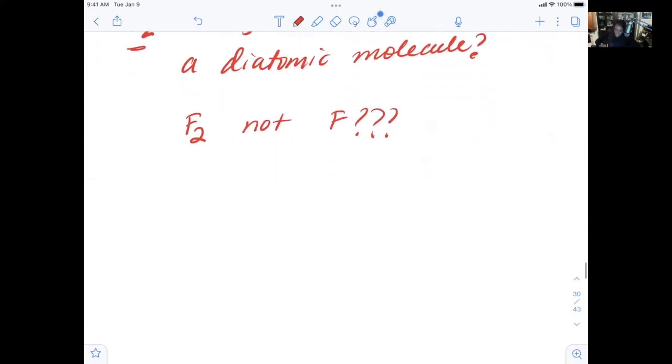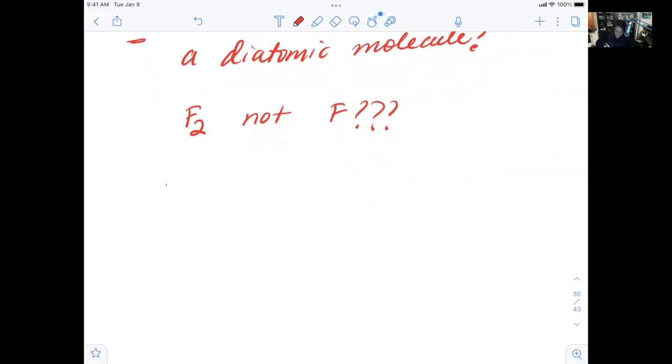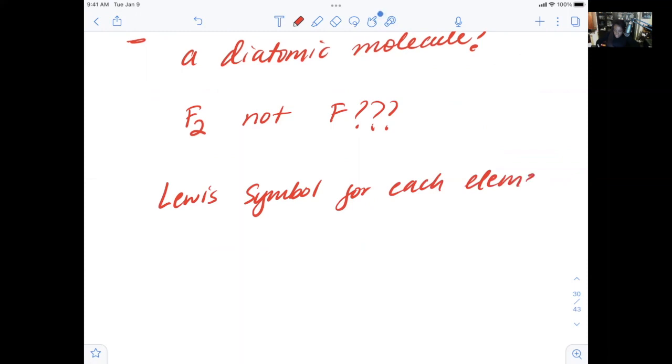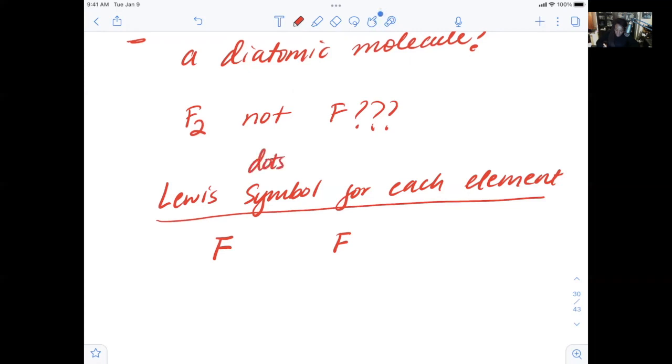So how do they join together to get F2? You want to start by drawing the Lewis symbol for each element. In this case, each fluorine, because we're trying to show how two fluorines get together. To draw the Lewis symbol for each element, what you need is the number of dots, and the dots equal the group number or the valence electrons.